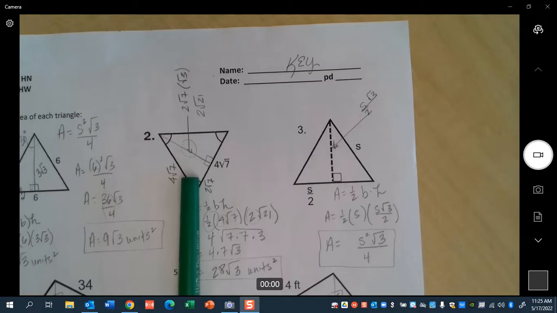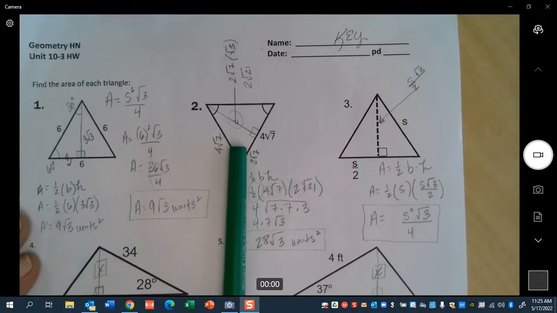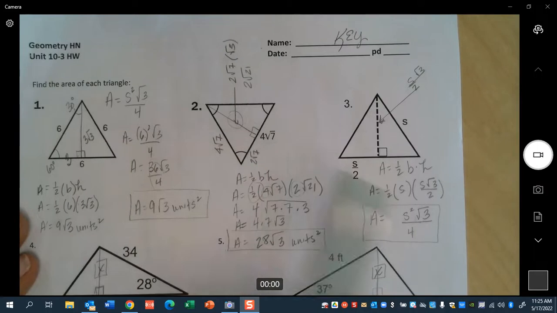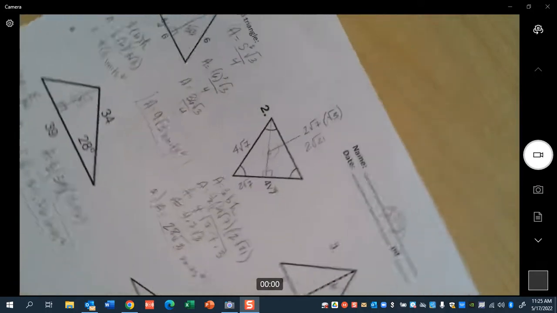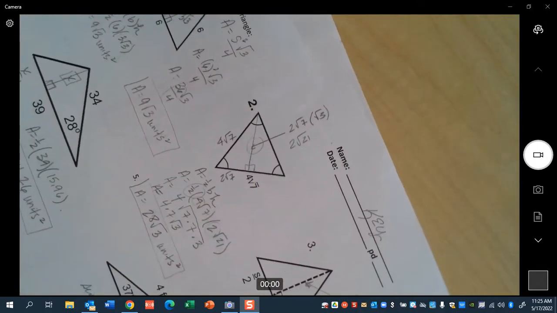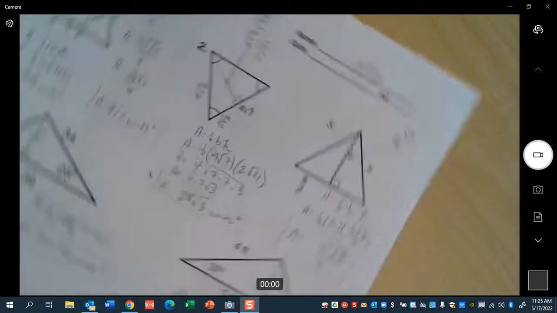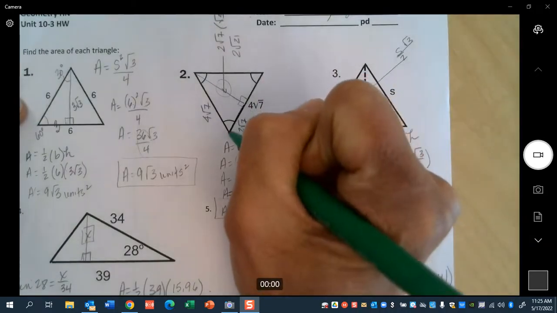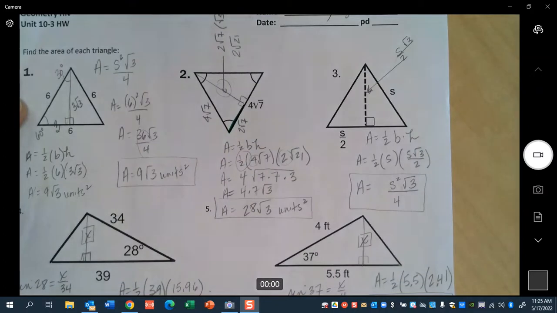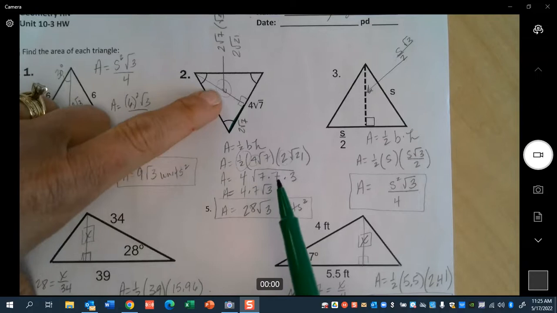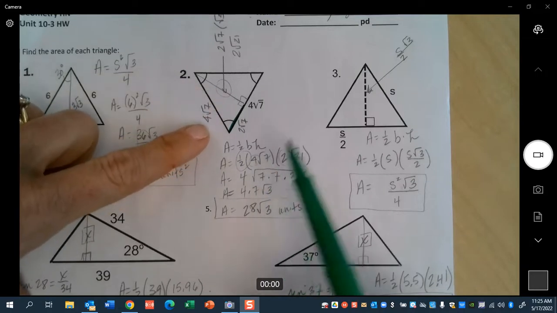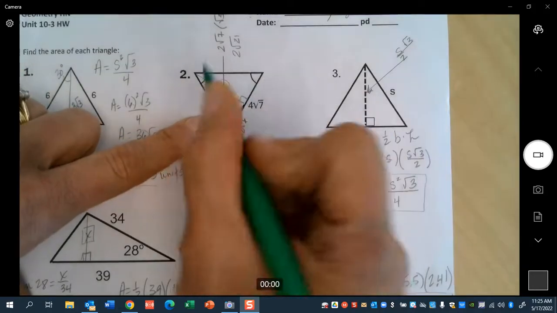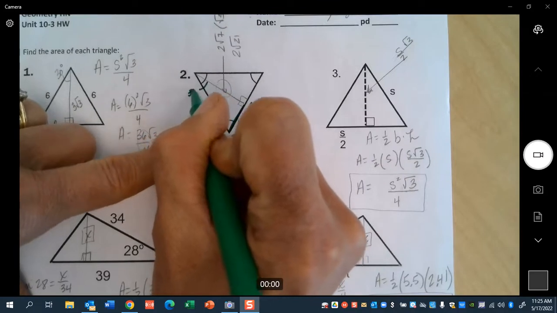Okay. So when we had to find the area, this equilateral triangle is the same as if I turned it, right? I could have drawn my base any way that I wanted. So this side here is half of the base. When I figured out this side, I knew that it was a 30, 60, 90 triangle because this is 30.